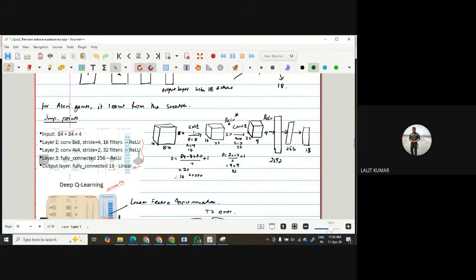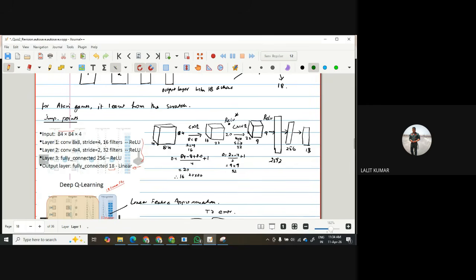Then we passed CNN 1 with an 8 by 8 filter, 16 filters, stride 4. And you can use the formula which we learned in deep learning: output equals input minus filter size plus 2 times padding, divided by stride, plus 1. So here we get 20, so the output is 16 by 20 by 20. Remember, we are using ReLU at both the CNNs.